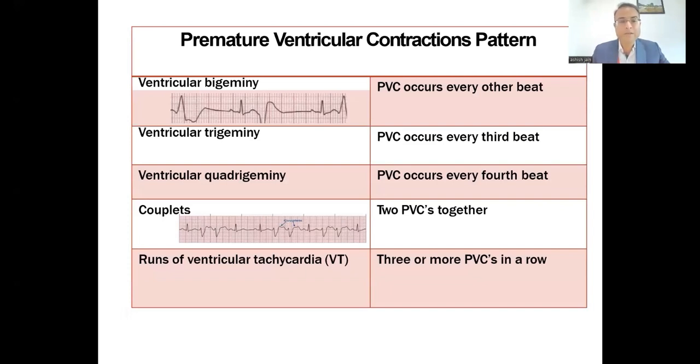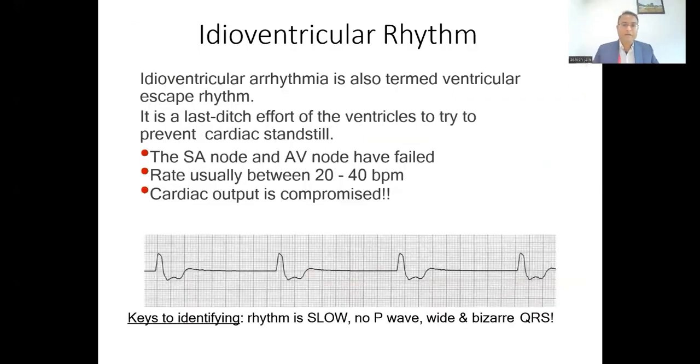When this PVC occurs after every third beat, it is called ventricular trigeminy. Sometimes 2 PVCs come together; these are called couplets. If 3 or more premature ventricular contraction beats are there, it is called ventricular tachycardia.